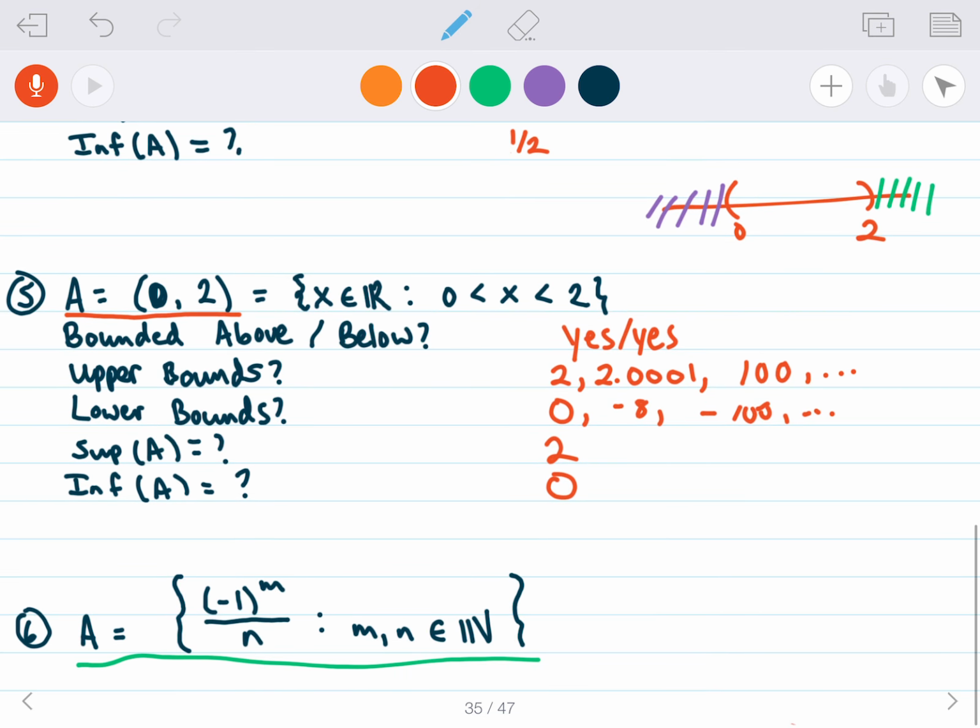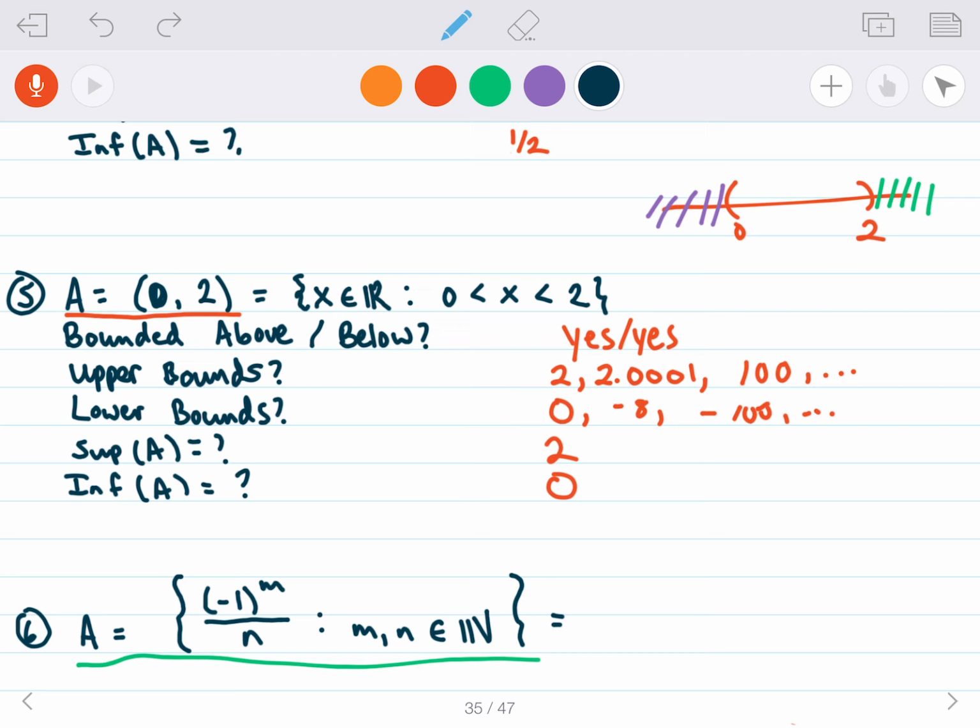And let's look at this set right here. Let's list out what's happening here. The only thing that is going to change with respect to the numerator is whether it's going to be a positive or a -1, right? If m is even, it's going to be a +1.